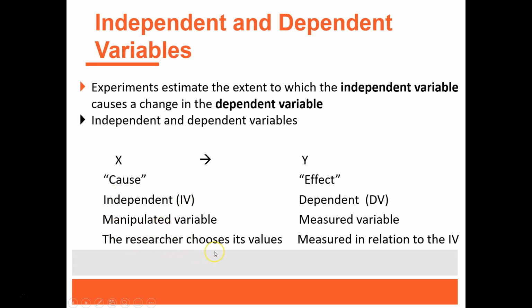And as a researcher, I choose its values. The effect variable is the dependent variable, or the DV. This is the one that you measure, and we measure it in relation to the independent variable. So for example, if I was doing a research study where I was manipulating the amount of sleep college students get the night before a test, and I'm going to measure their test scores.